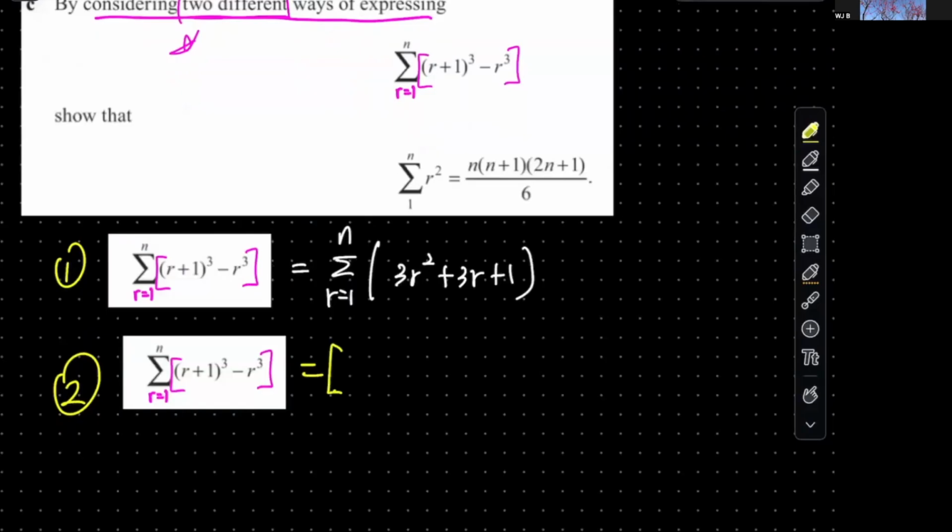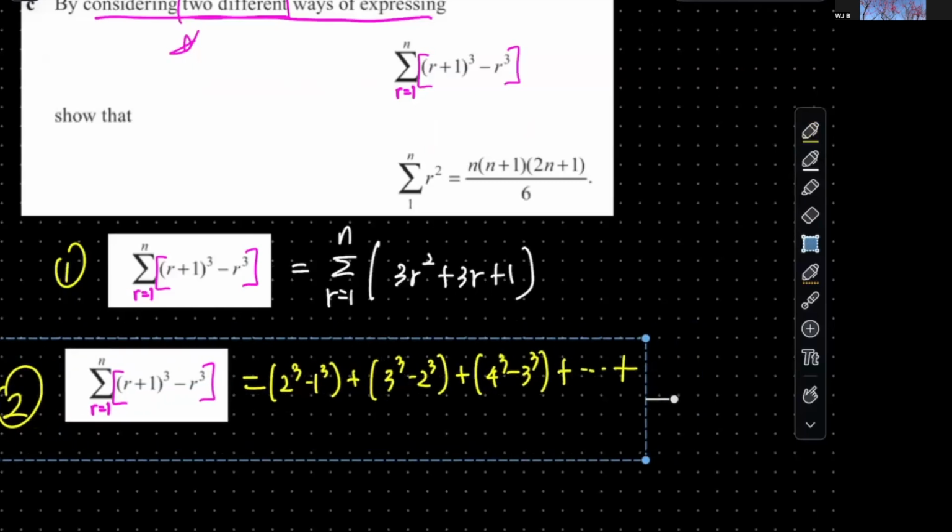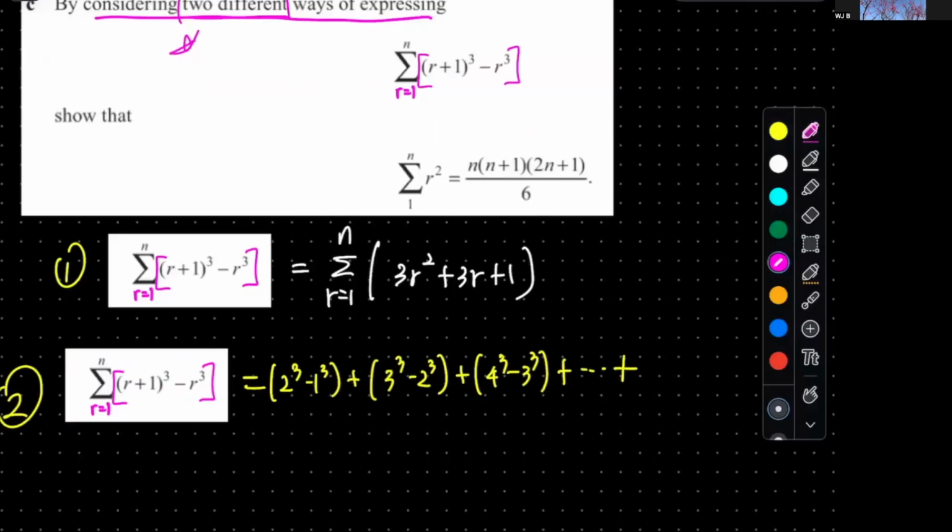I have 2 cubed minus 1 cubed plus 3 cubed minus 2 cubed plus 4 cubed minus 3 cubed plus, it goes on and on. And then I'm going to go for the last term also. It's going to be n plus 1 cubed minus n cubed. That is correct. But here, I want to see which terms are going to cancel out. So 2 cubed cancels out with the 2 cubed here.